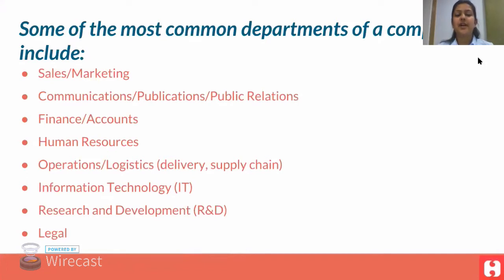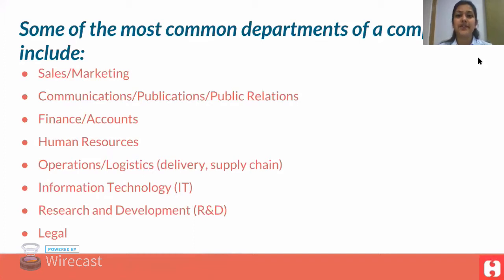Human resources department, that would be handling the entire personnel of the organization. Then we have operations, or the logistics department. For example, if we take the example of Flipkart, how their delivery mechanism will work, their supply chain management, everything comes under the purview of the operations department. Now, information technology.